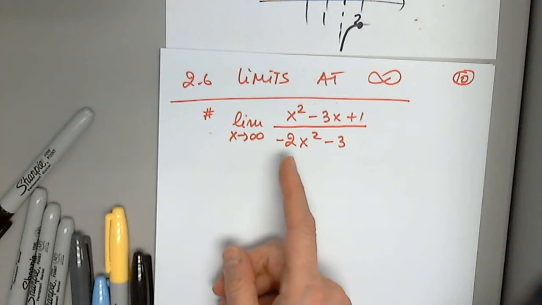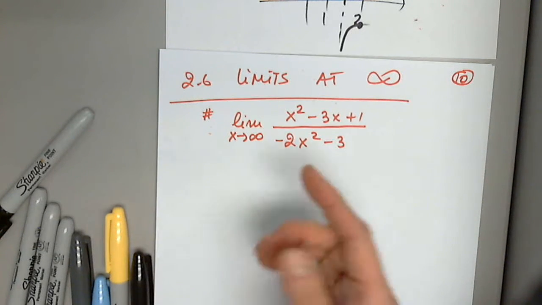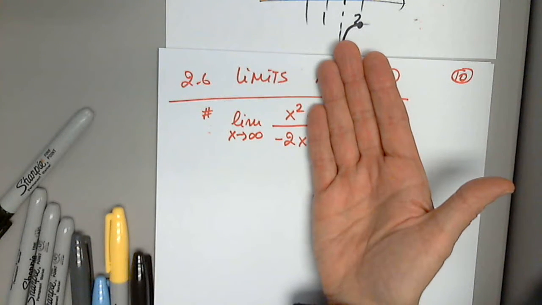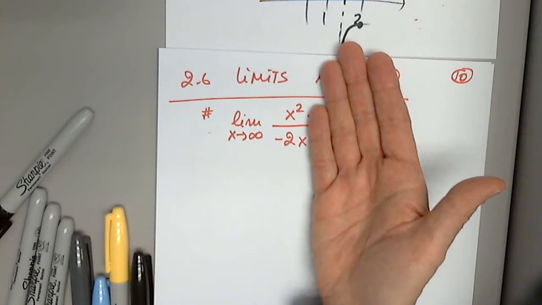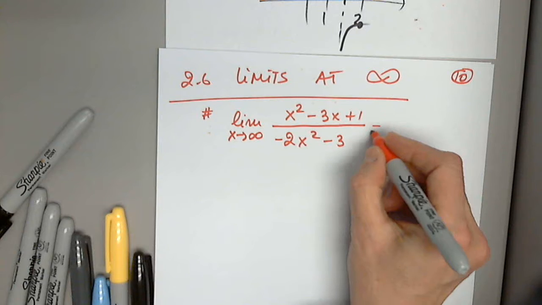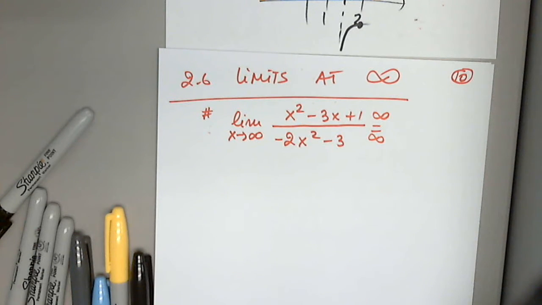Okay, what about the denominator? As x increases without bound, which of these two is the most powerful? This one, right? So the top one will go to positive infinity. The bottom one will go to negative infinity, so the sign is not important. So infinity and infinity. This is our second situation of indeterminate case.